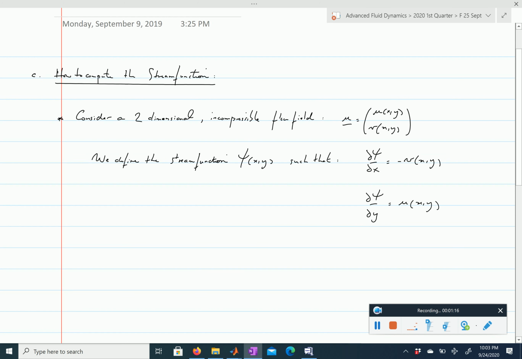So if you have a two-dimensional incompressible flow field, these are the formulas that you need to use to compute the stream function.